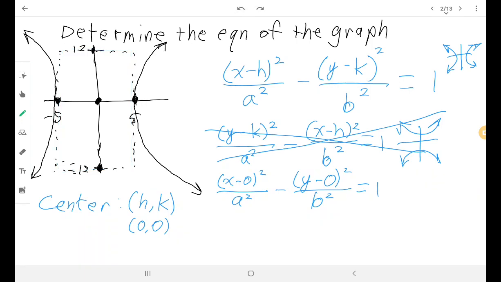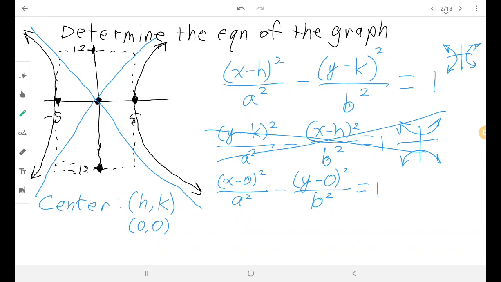What the b distance is, it's from the center out to the end of that rectangle, 90 degrees away from the vertices. And what this rectangle does is give you a way to create asymptotes through the center that the curves follow.